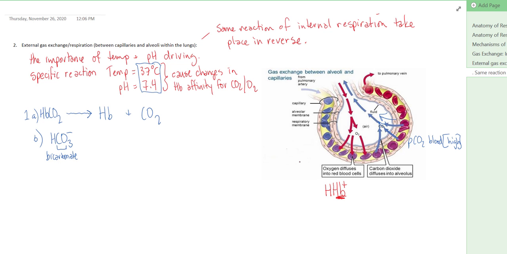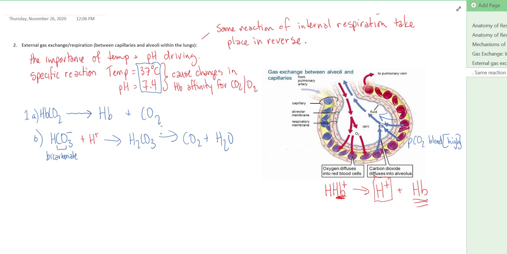Well, now those changes in pH and changes in temperature cause the release of that H+, restoring hemoglobin back to its original condition to be able to pick up oxygen, but this released H+ combining with HCO3- now drives the reaction in the opposite direction, producing again H2CO3, which then is broken down into CO2 and H2O.